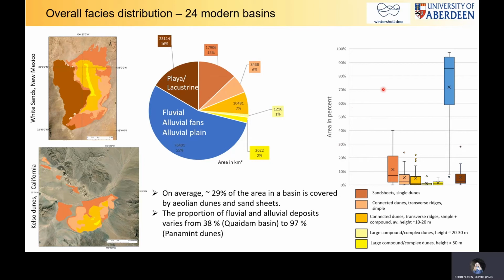And here you can see the ranges of the different facies, and you can see that the range for fluvial alluvial deposits is quite large. So generally the proportion is quite high, but we can also have basins where there are almost no alluvial or fluvial deposits.